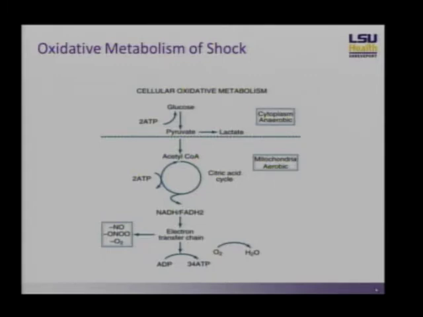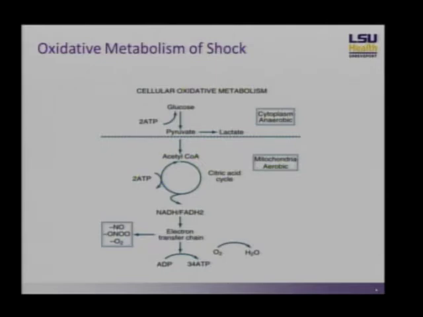However, in the hypoperfused mitochondria, all of a sudden you shift and you're only making 2 ATP per cycle. So you've gone from supply and demand where there's plenty of supply to supply and demand where there's none. And that's when you start seeing dysfunction of those mitochondria. And as those mitochondria dysfunction in each of those cells, tissues dysfunction, organs dysfunction, and patients do very poorly.